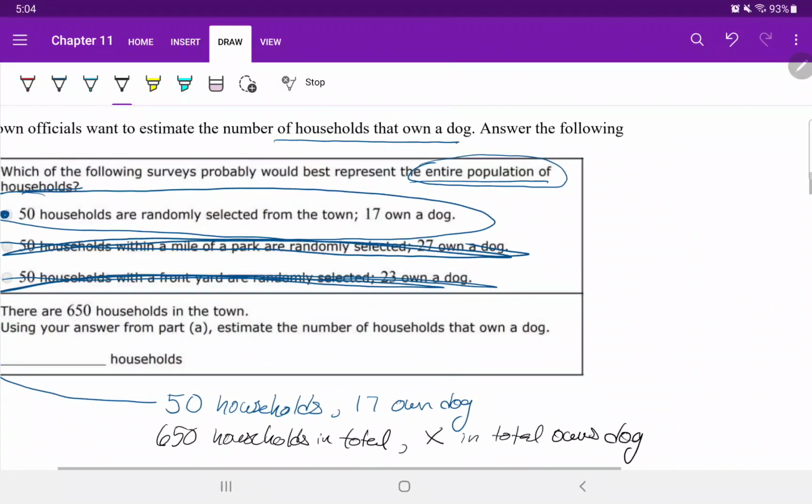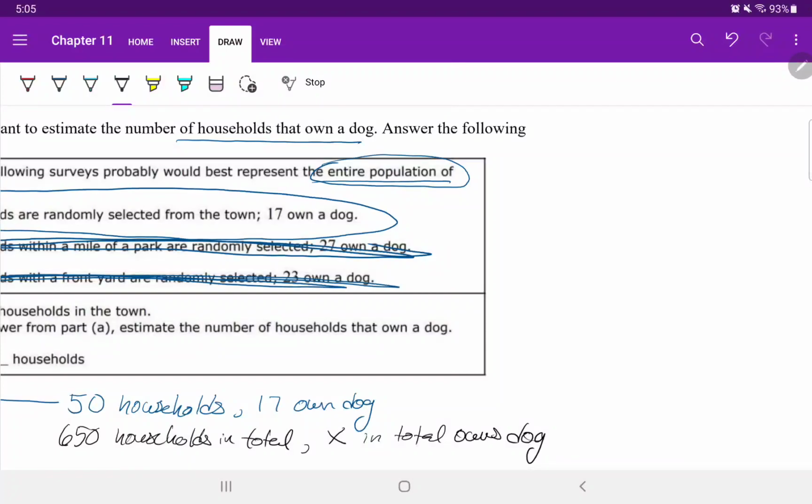Okay. Now, let's set it up as ratios. We can write this as 50 over 17. This can be written as 650 over X. And we set them equal to each other. And then we solve for X. And we're going to cross multiply. So 50 times X, that is going to be 50X.